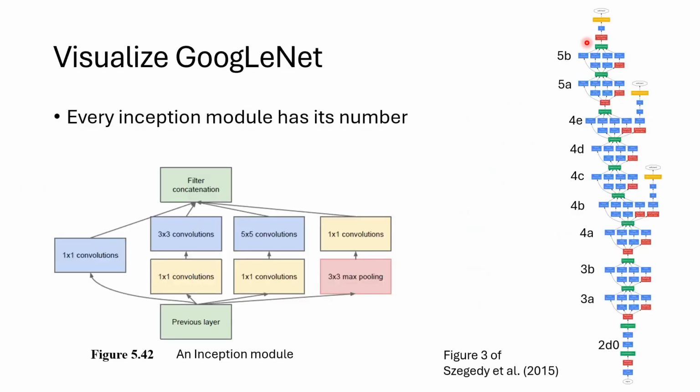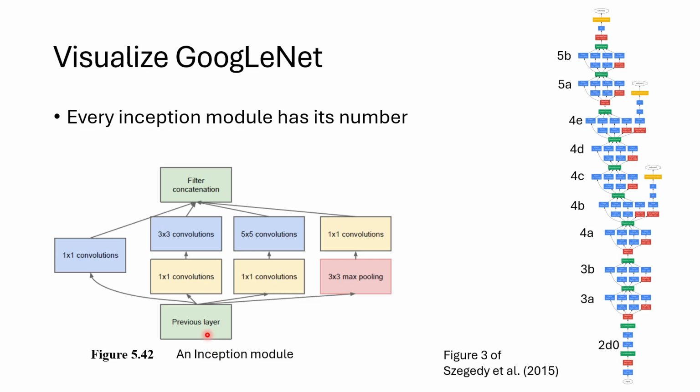All right, so this is another network called GoogLeNet. Here again, each layer has its own label from 2, 3A, 3B to 5B. Within each inception, this region is a structure called the inception layer.